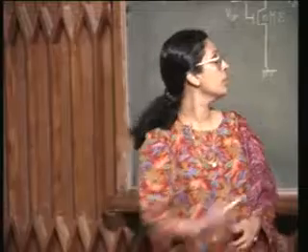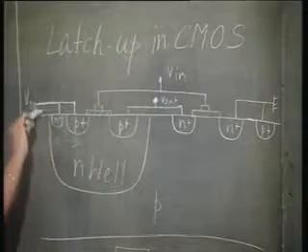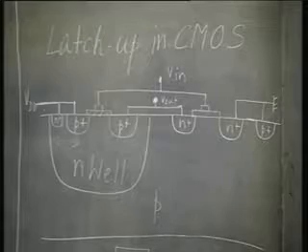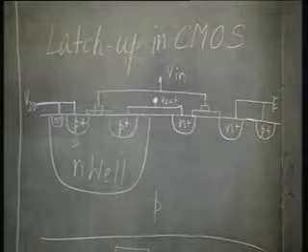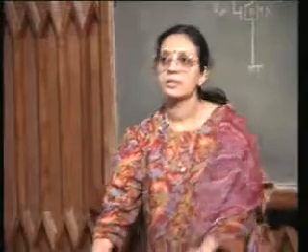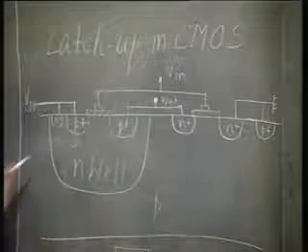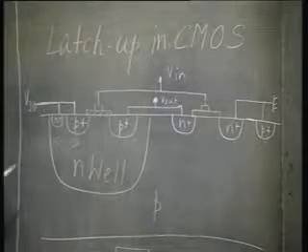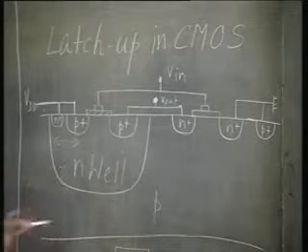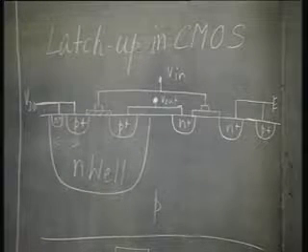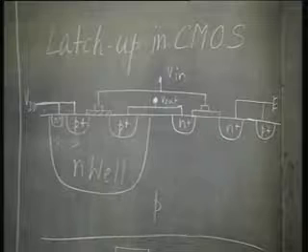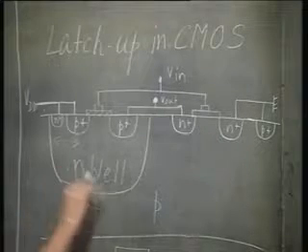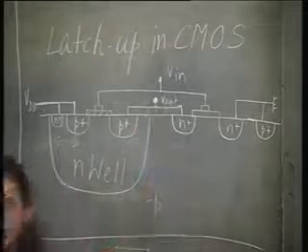So, you see your P plus region is connected to VDD, this can be at a potential of VDD minus 0.7. Okay. Then what happens? This PN junction also gets forward biased. Okay. So, the emitter of this PNP transistor now starts injecting holes. It starts injecting holes. Where will these holes go? It will go out here and get collected here.